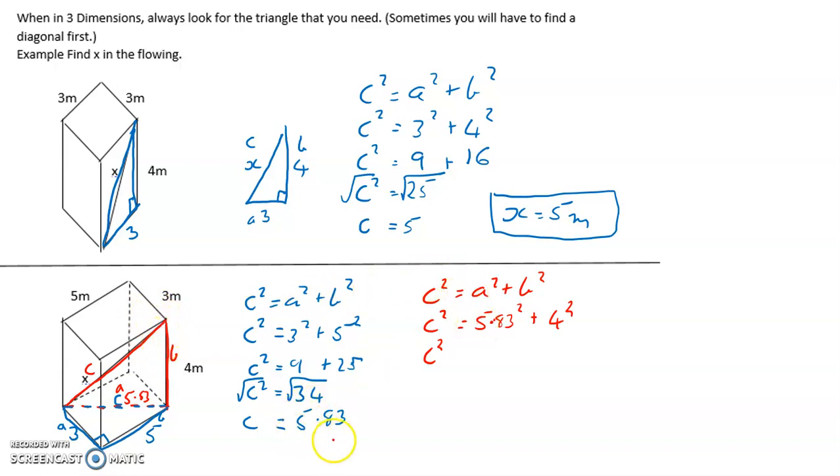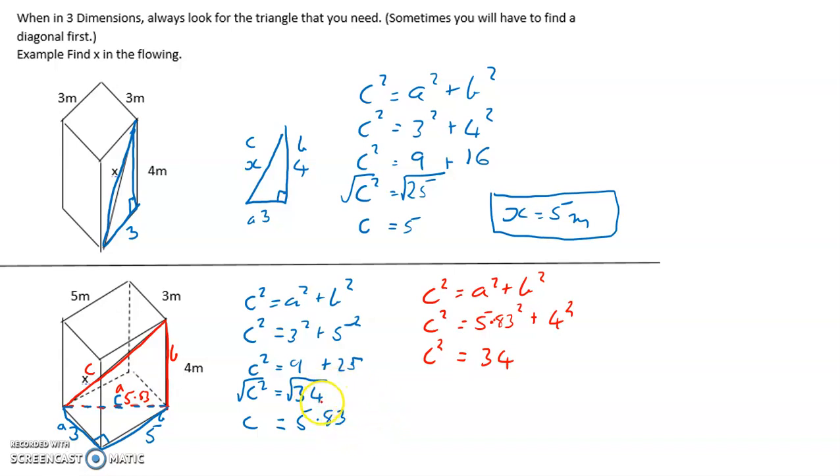So if you square this number, including all the other decimal places, it has to make this 34 that was up there. So instead of doing 5.83 on the calculator, I just know that this number, including the decimals, squared has to be 34, because the square root of this is that.